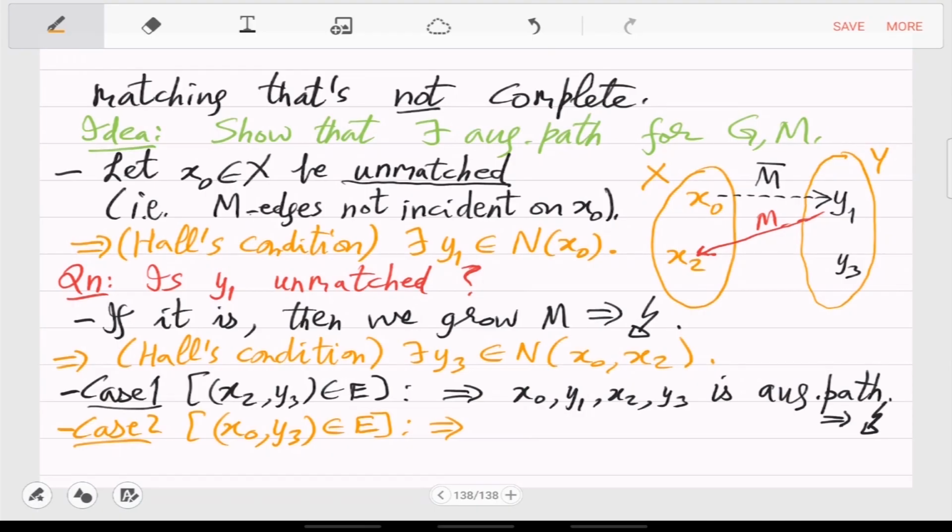So in that case, there is an M complement edge between x0 and y3. What does that mean? So what do you do in this case?